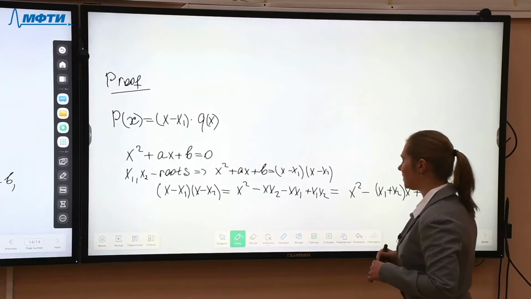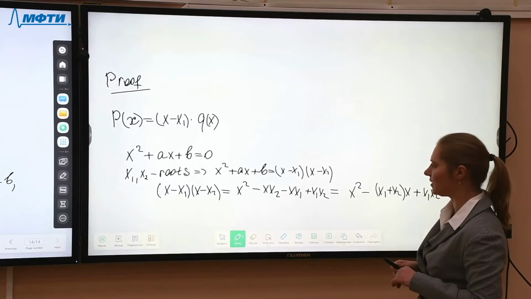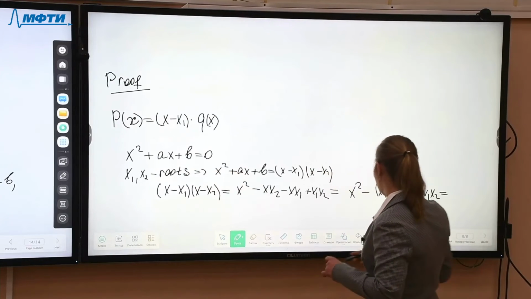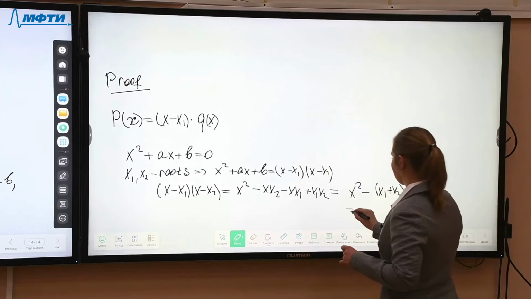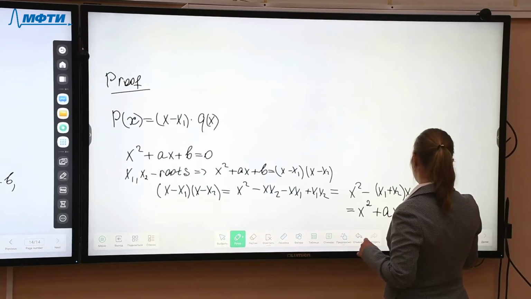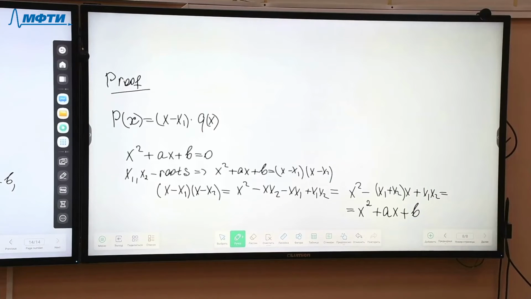And we know that the sum of the two roots of a quadratic equation is minus a and their product is b. So this is x squared plus ax plus b. So if we have two roots of a quadratic equation, we can factorize the polynomial this way.